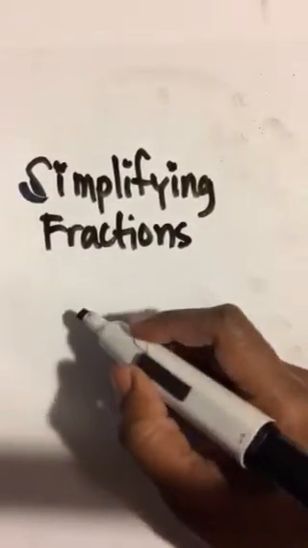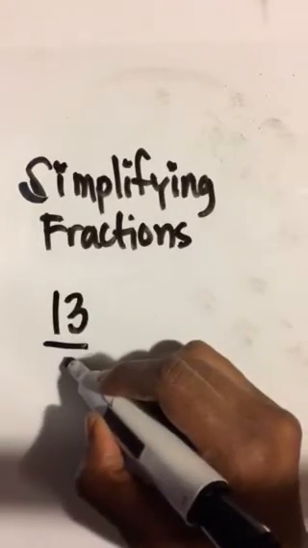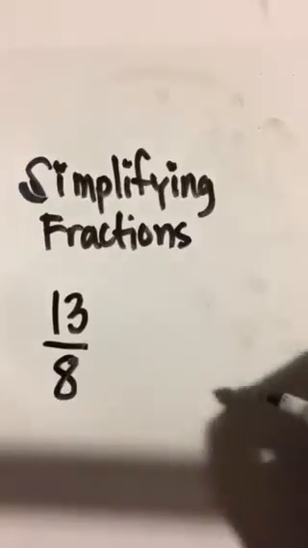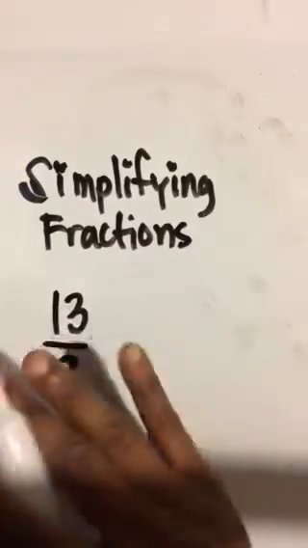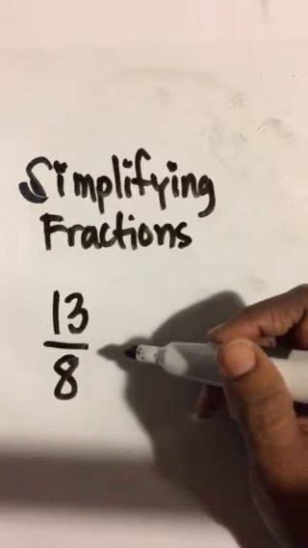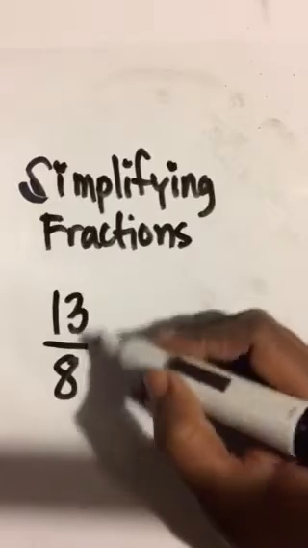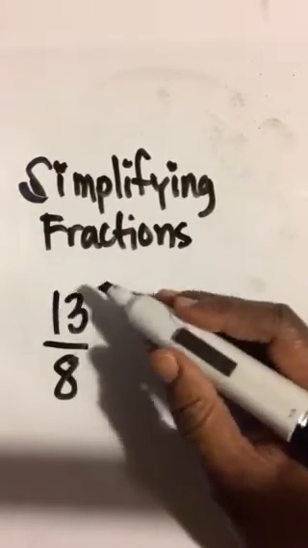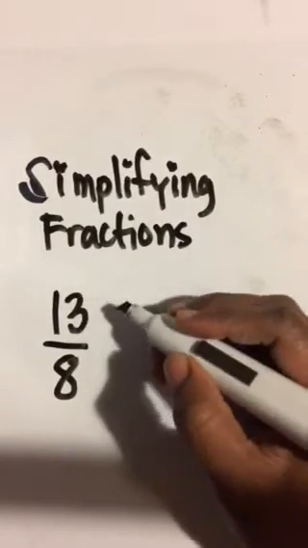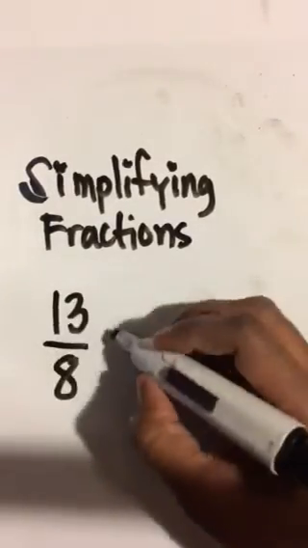All right. Let's say we had 13 eighths. 13 divided by 8 is not going to give us an even amount, because 8 times 2 is 16. So 8 is not a factor of 13. But it is an improper fraction. Improper means not right. So we need to simplify it. What I'm going to do is take away that whole, because I know this is greater than a whole.